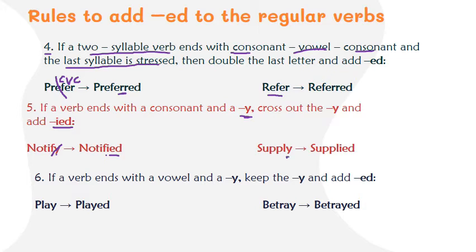Supply, cancel the y, make it i, then add ed. Also, you should be familiar with this rule: when you have play, I have a vowel, then y. If you have a vowel, then y, you only add ed. Betray becomes betrayed. Play, played.